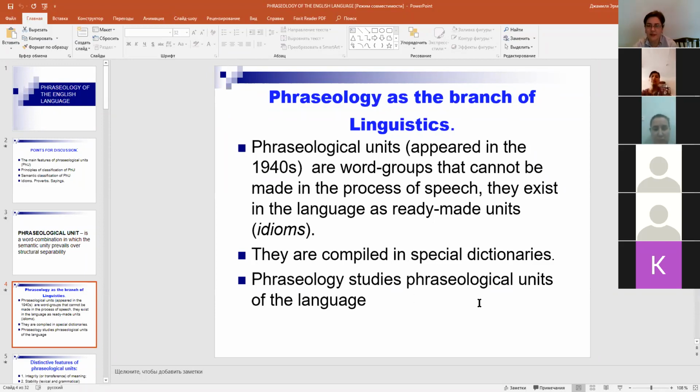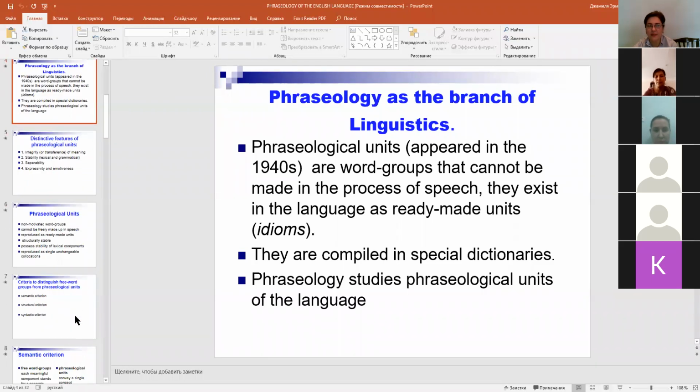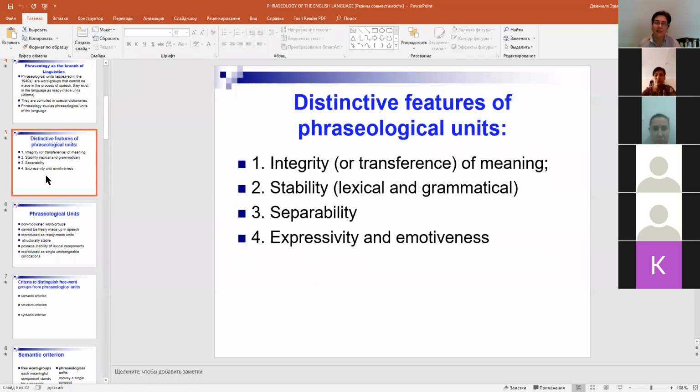Phraseology studies phraseological units of the language. In our case, we learn phraseological units of the English language. Distinctive features of phraseological units are integrity of meaning. That is, the meaning is transferable in phraseological units.